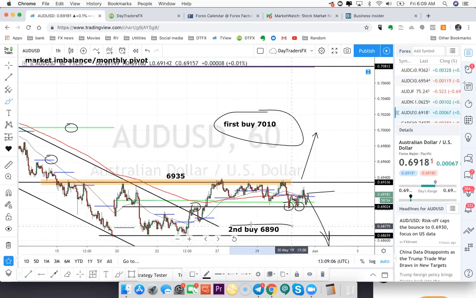Then we'll close this one in profit and add our second position down there closer to the 68.50-ish area. If we can get that second position lower by 40-ish pips, that'd be awesome. So for you that may not be in this one yet, jump in now and wait for that 68.50-ish area if it happens.